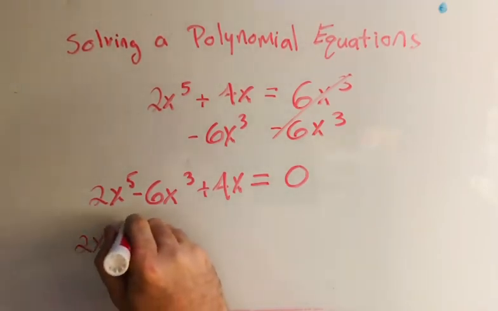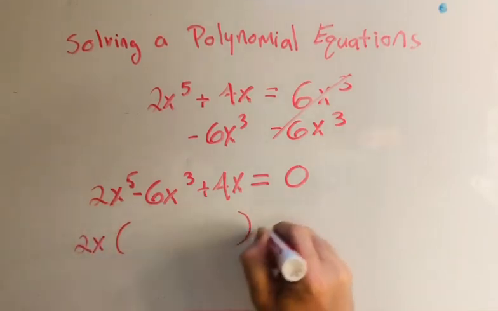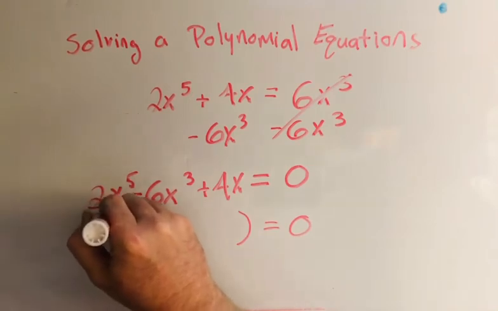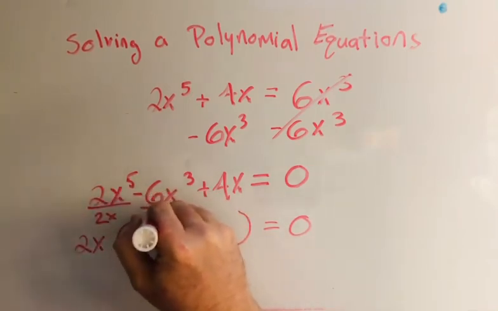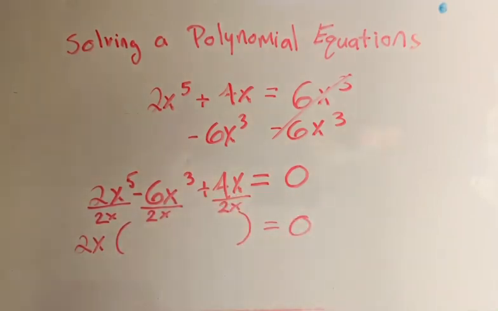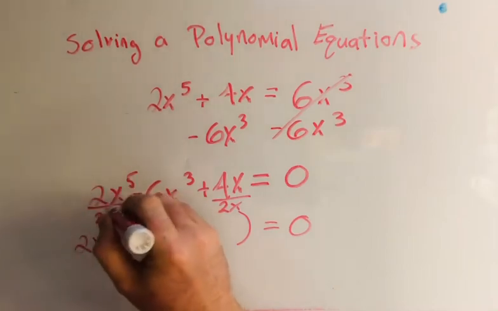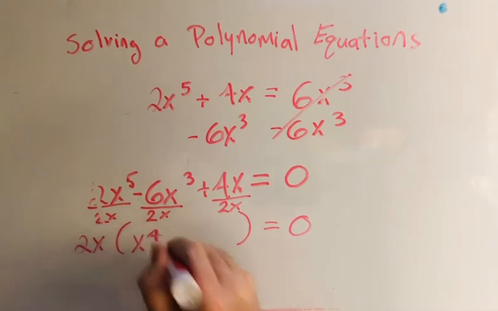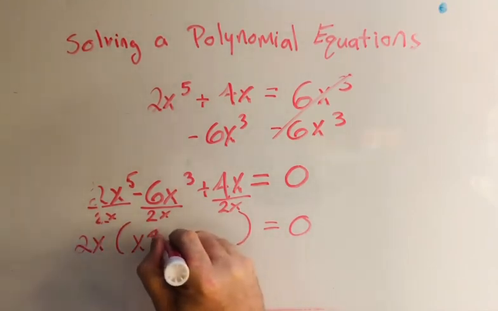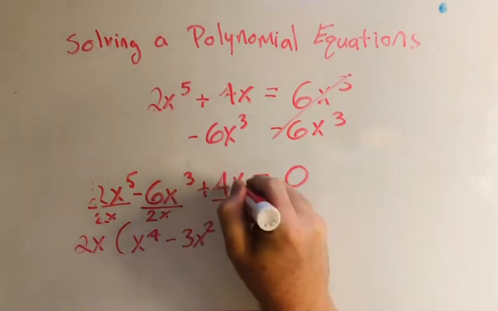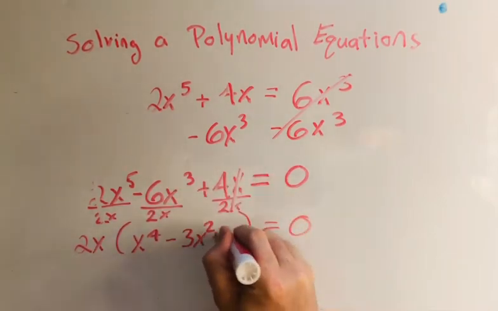If I factor out 2x out of everything, remember, factoring is just division. So the 2's cancel, and I will have x to the fourth, here I will have minus 3x squared, and here the x's cancel, and it's plus 2.